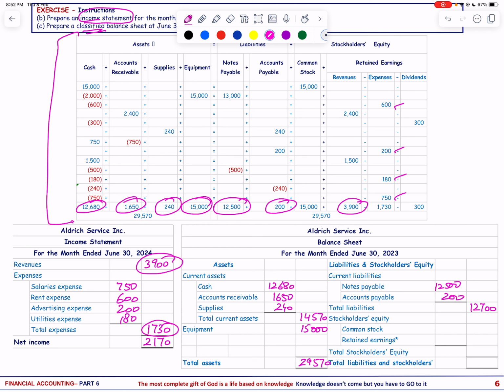Now we have common stock of 15,000 and retained earning in this case will be the total revenue minus total expenses, that is the profit, and the profit was 2170. Sorry, it is 2170.